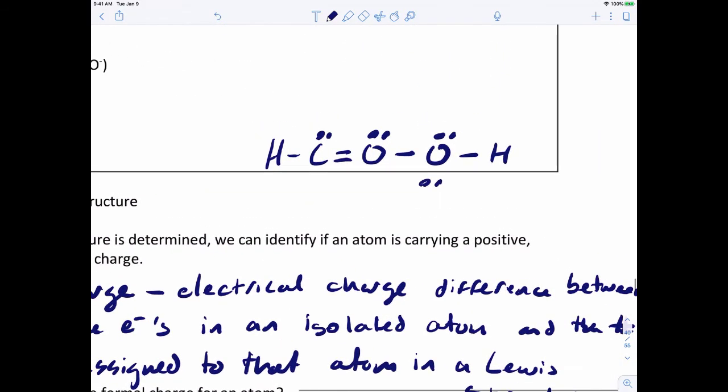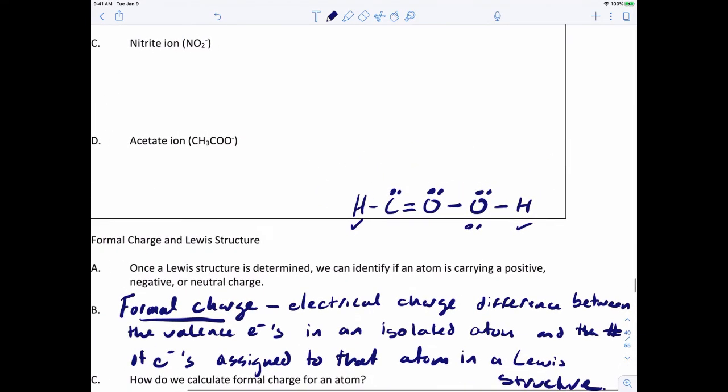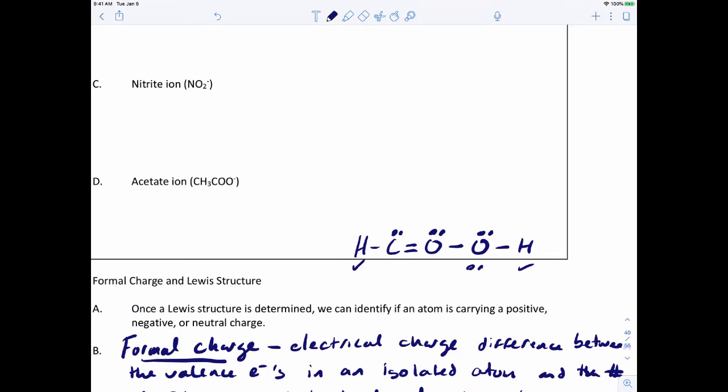So, that being said, let's go back to the structure. Hydrogens were okay because remember, they have two electrons. Now, let's start with the carbon and move from left to right. The carbon was the first one that we had a little bit of interest in. So let's calculate the formal charge of carbon. The number of valence electrons in a free atom is 4 electrons, because carbon's in family 4A.